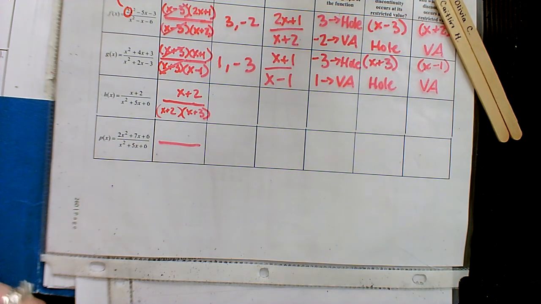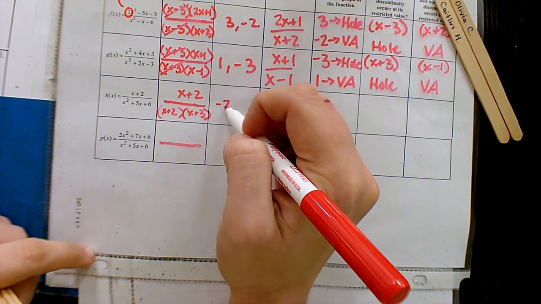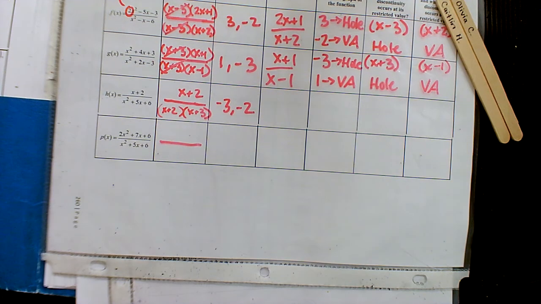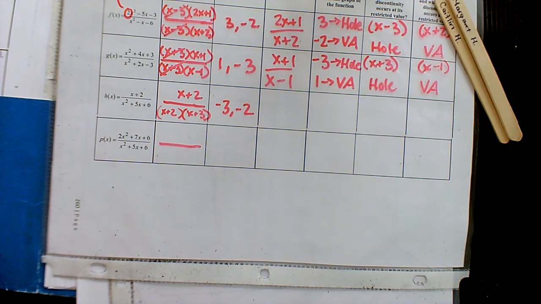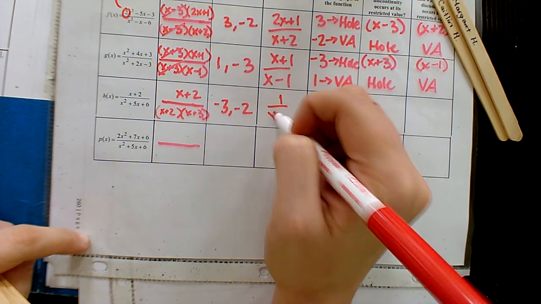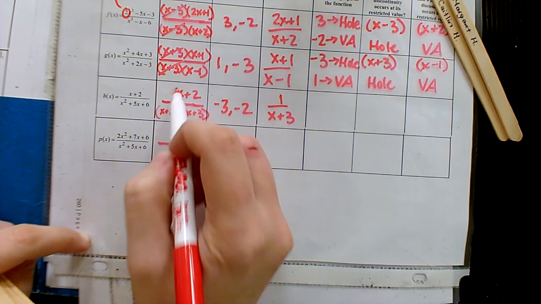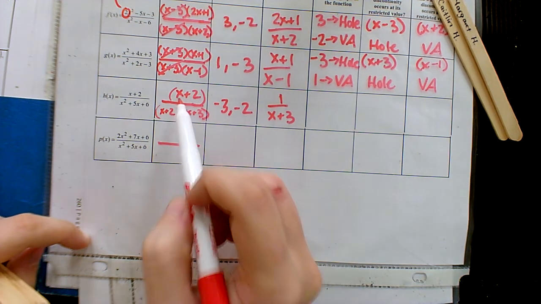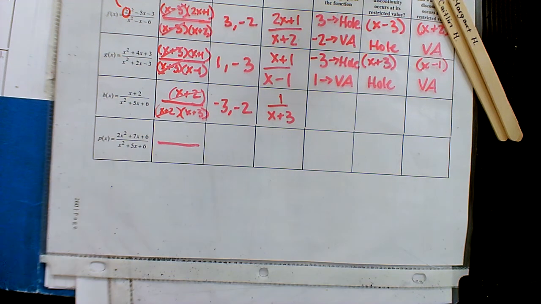Caitlin, can you find our restricted values? -3, -2. Good. Numbers that make the bottom 0. Maggie, can you find our simplified fraction? 1 over x plus 3. Okay, so notice how we have an x plus 2 factor up top, and in the bottom, those can go away.